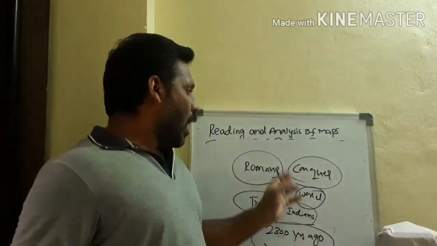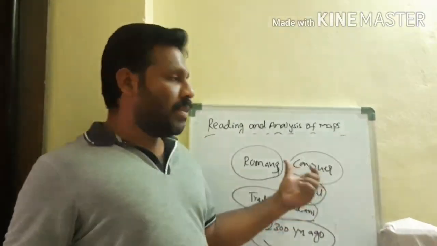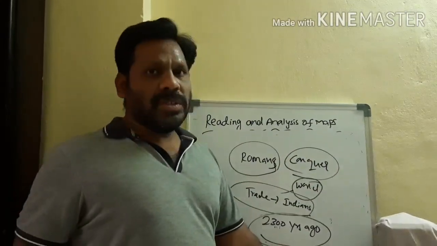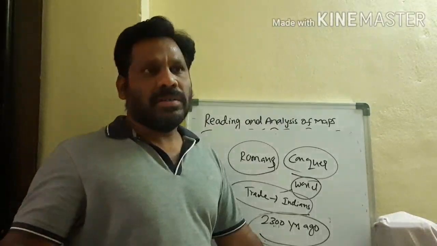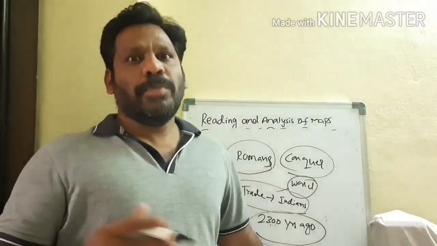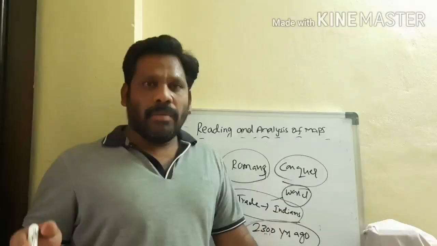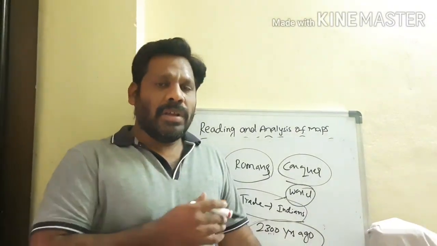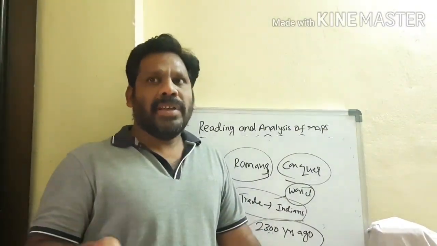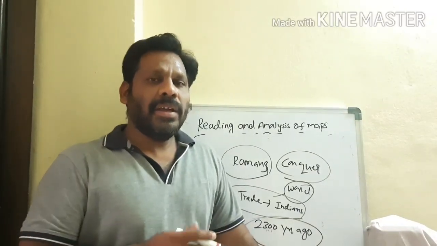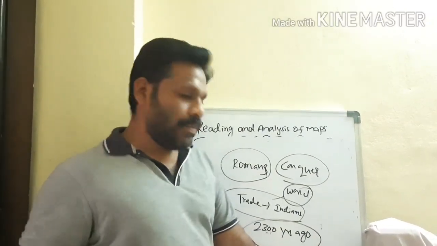So at that time, most of the world used the maps. What is the use of maps? Later on, how to attack the countries, how to mingle with the local people. Those who mingled with them, they did trade and commerce. Those who did not come under their control, they conquered and occupied the place, and they did trade with our local countries.